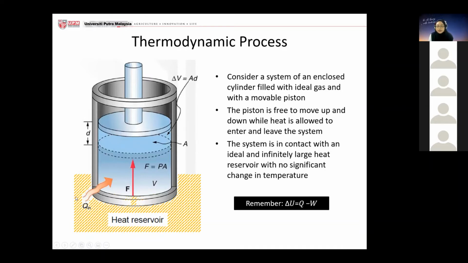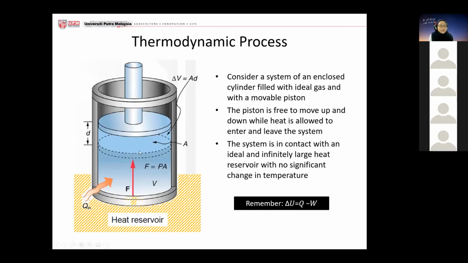If, for example, this cylinder is in contact with a heat reservoir, a very large reservoir at that, so that any change in temperature in there can be ignored, basically, then you will have a situation where either heat moves from the reservoir into your cylinder because it's in contact, or you push down or pull up the piston.